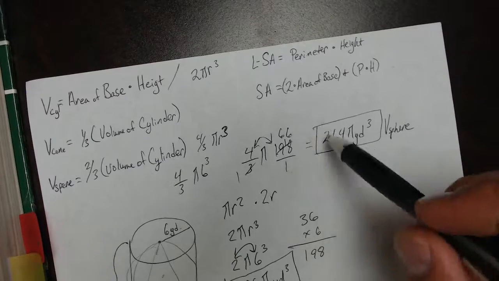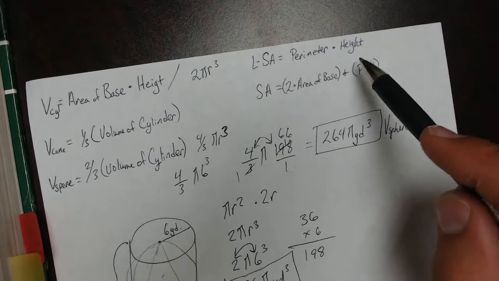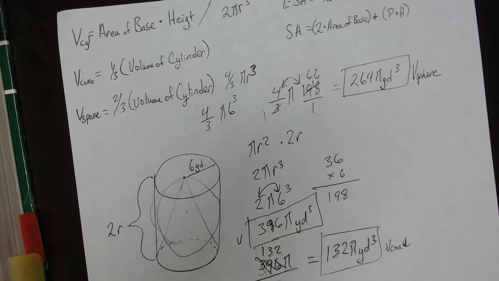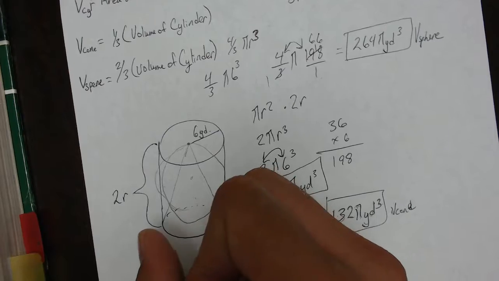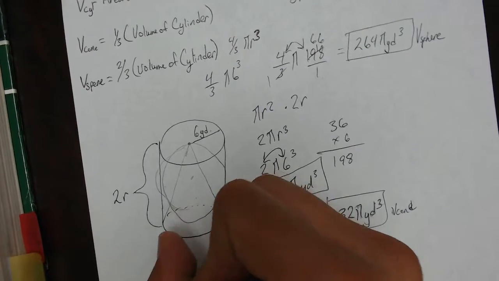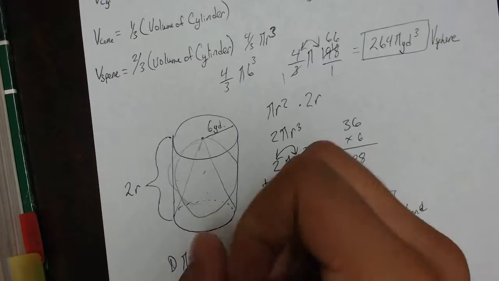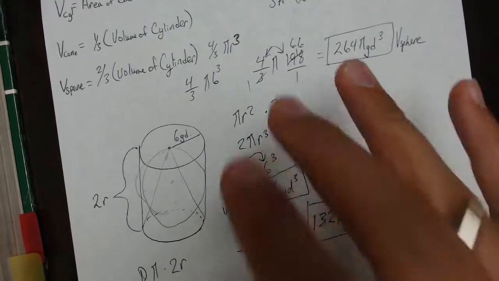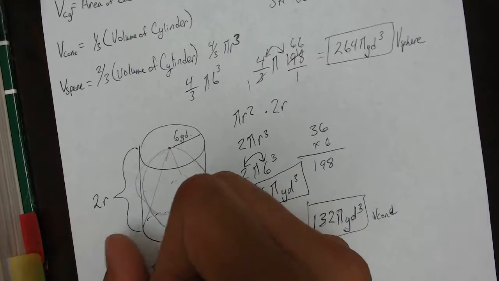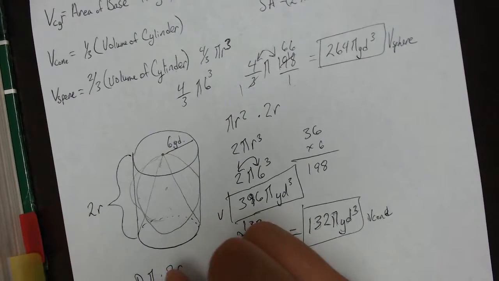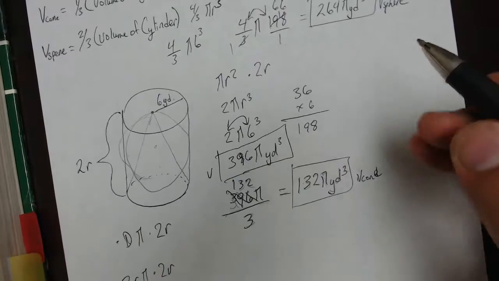Now let's go to our surface area. We'll start with lateral surface area, perimeter times the height. So remember, lateral surface area is just the walls. We don't care about the top or the bottom. To find the perimeter of a circle, we take diameter times pi, right? And then we're going to multiply that by the height of 2r, which the diameter can also be written as 2r as well. So what we have is 2r pi times 2r.